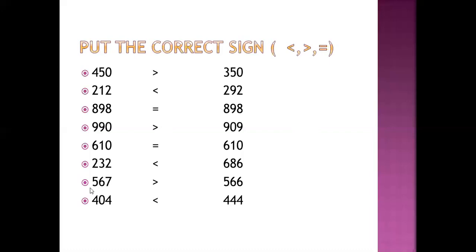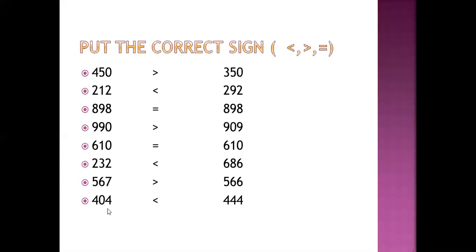Now here 5 is in the hundredth place, here 5 is in the hundredth place, here 6 in the 10th place, here 6 in the 10th place. So let's see the unit place. We've got 7 here and we've got 6 here. So 7 is bigger. So we open the fish's mouth near 567 and 567 is greater than 566.